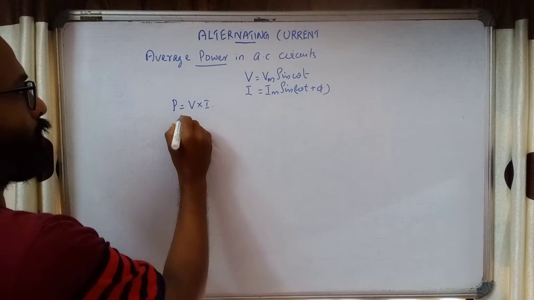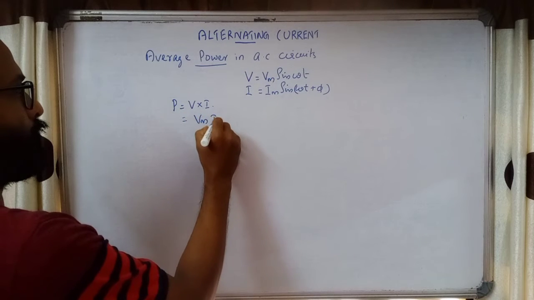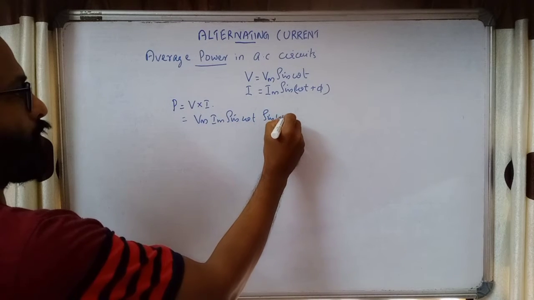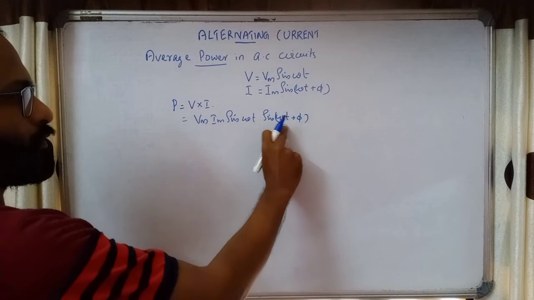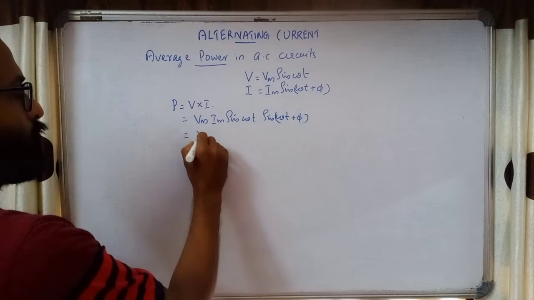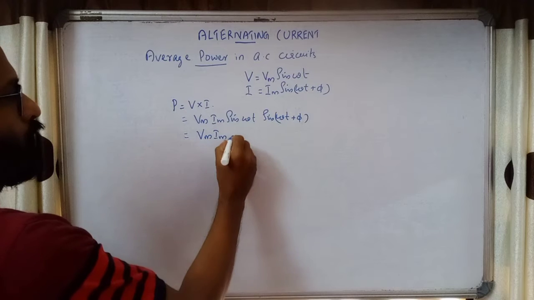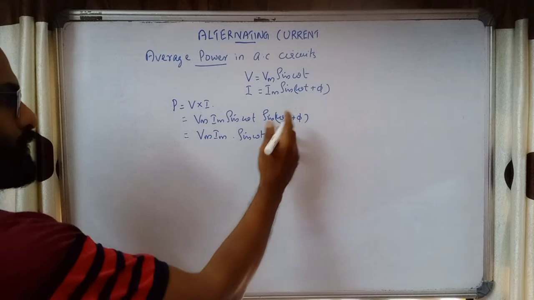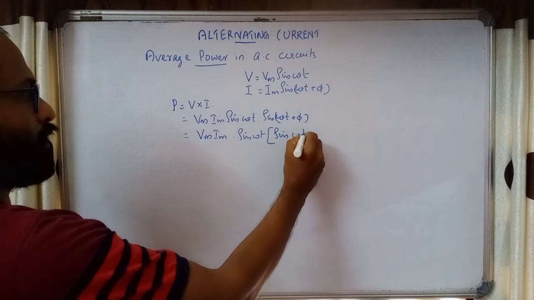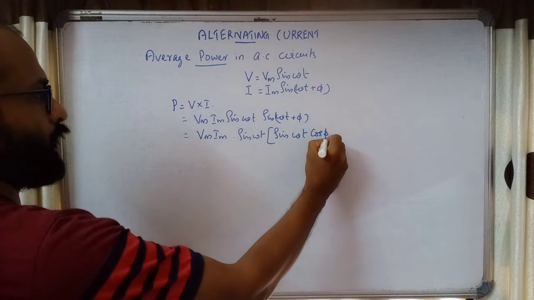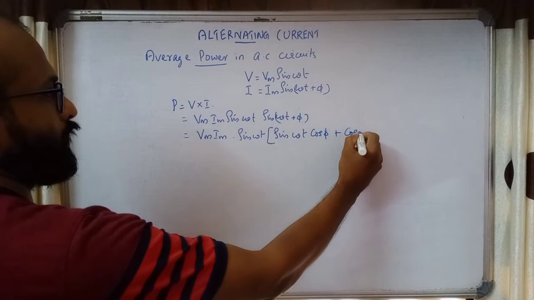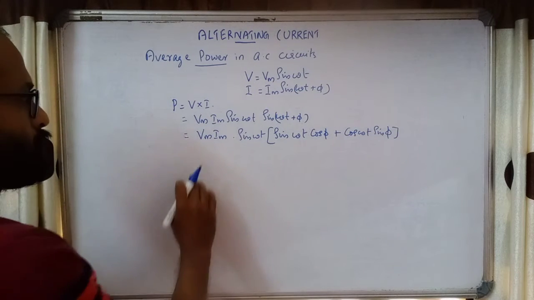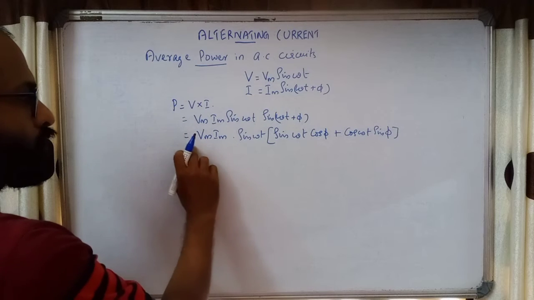When you multiply, you will get P = Vm Im sin ωt sin(ωt + φ). We expand sin(A + B) as sin A cos B + cos A sin B. So we can write sin ωt cos φ + cos ωt sin φ. Here φ is a constant. This is the equation of power.